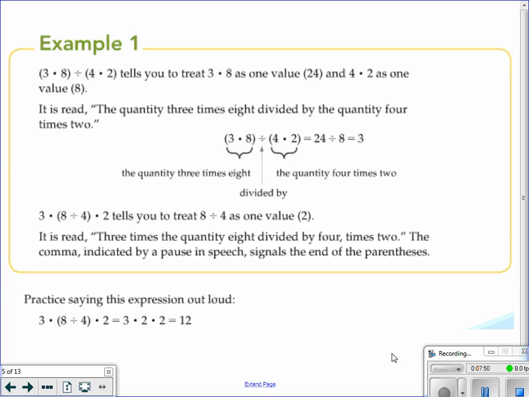Or I'm sorry, the first one, there's 2 of them in here. The top one is read the quantity 3 times 8 divided by the quantity 4 times 2. That's the one that Dwayne did. The second one, so that was Dwayne's. This one's Keisha's down here. So the second one would be read 3 times the quantity, 8 divided by 4, times 2.